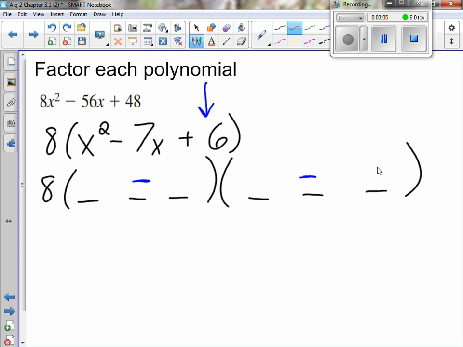So it's really based off of the constant term. The rule I've set up is that if the constant term is positive, the signs are the same. Because two numbers that multiply together to give me positive 6: a positive and a positive gives me a positive, and a negative and a negative give me a positive also. So either they're both going to be positive or they're both going to be negative.